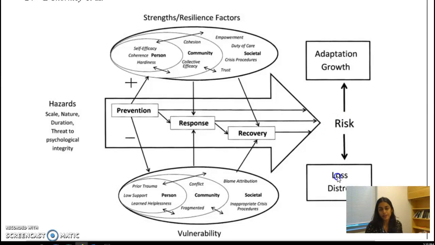There's a lot of loss, there's a lot of destruction, and there's also a significant amount of resiliency in the way of adaptation and growth.